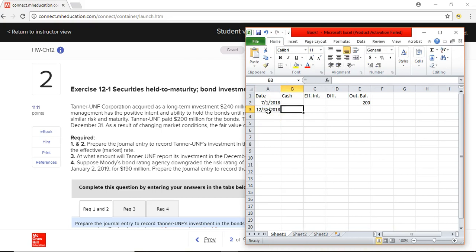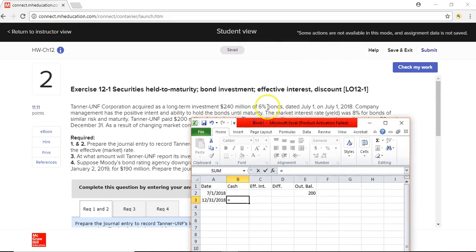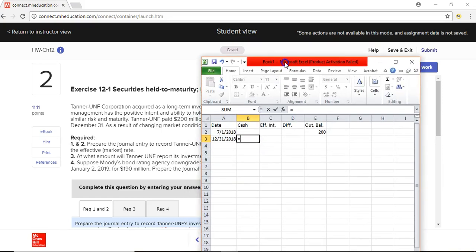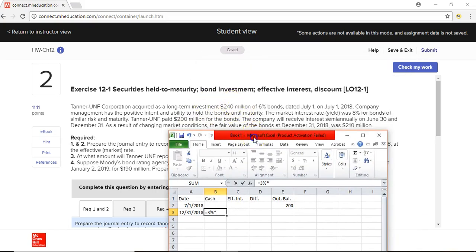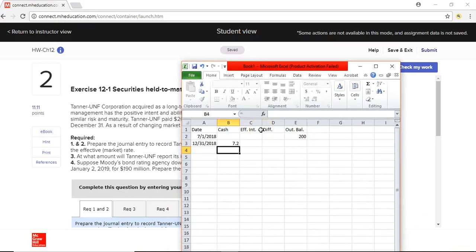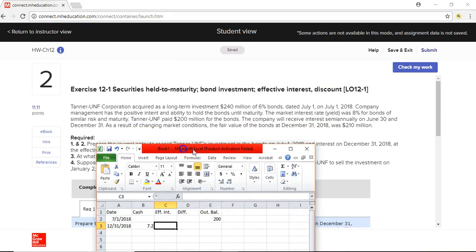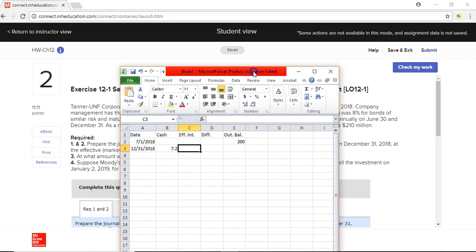Cash interest is calculated by the stated rate. Stated rate here is 6%, but semi-annually, so only 3%, multiplied by the face value of the bonds, $240 million. Effective interest will be based on the market rate 8%, but the semi-annual rate should be 4% only, multiplied by the previous balance.